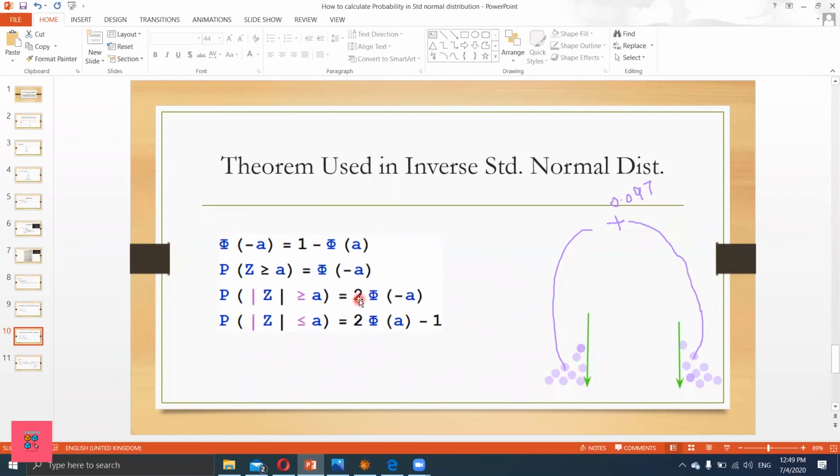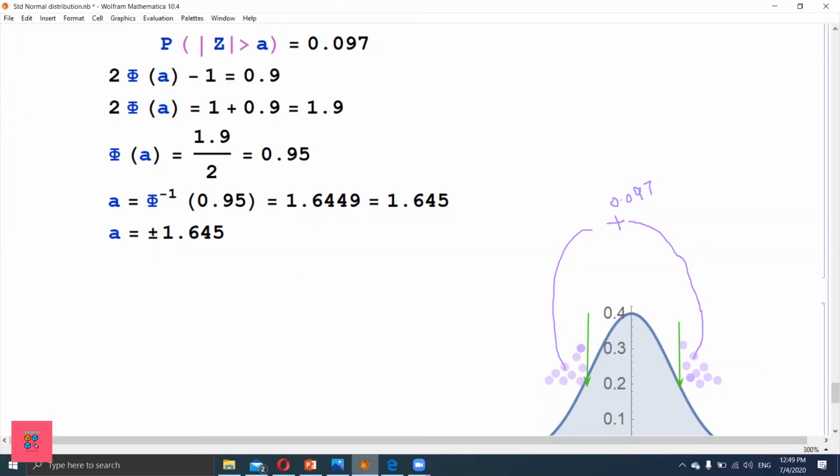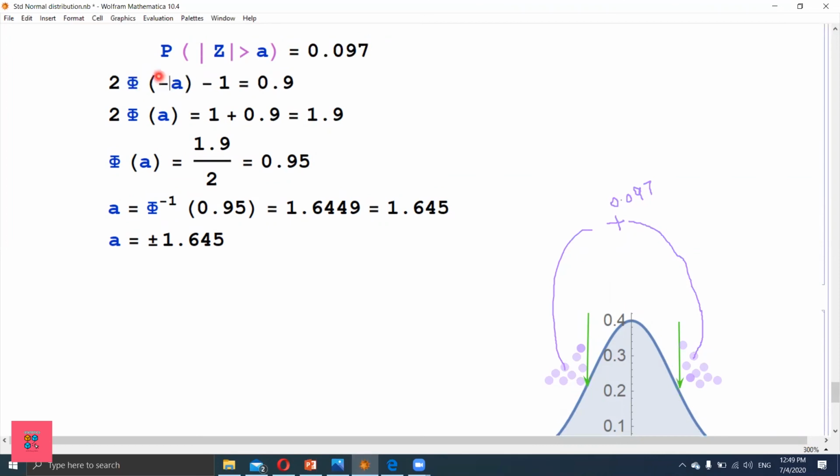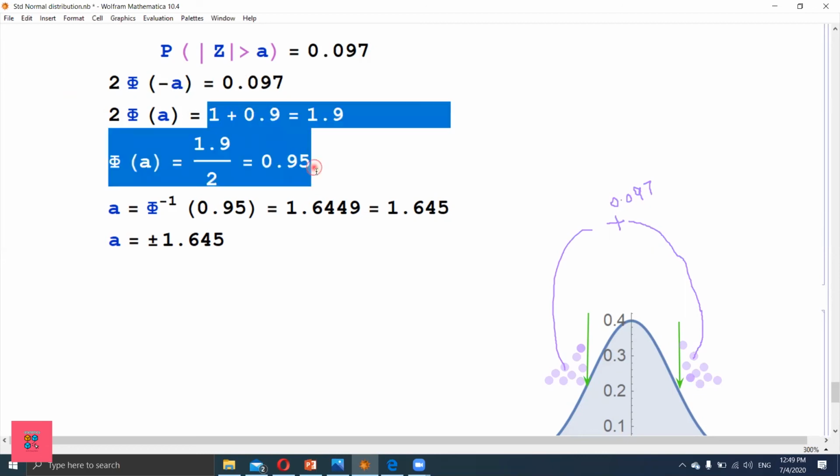Now we will use the theorem, which is probability modulus z greater than a is equal to 2 phi of minus a. We will use this theorem in our solution. So we will write here on the left hand side 2 phi of minus a is equal to 0.097.